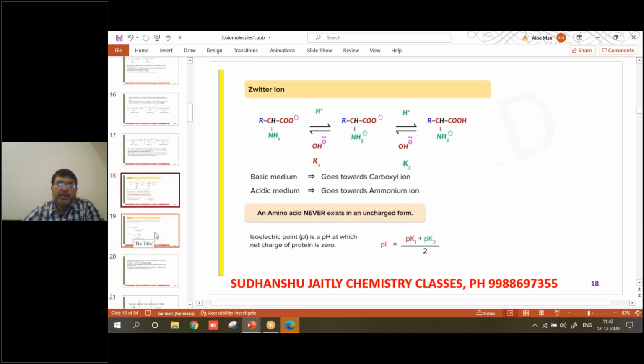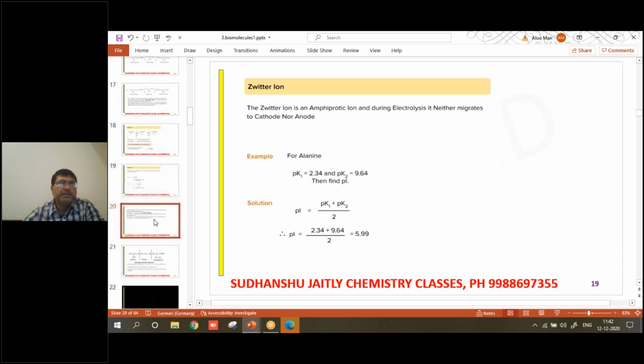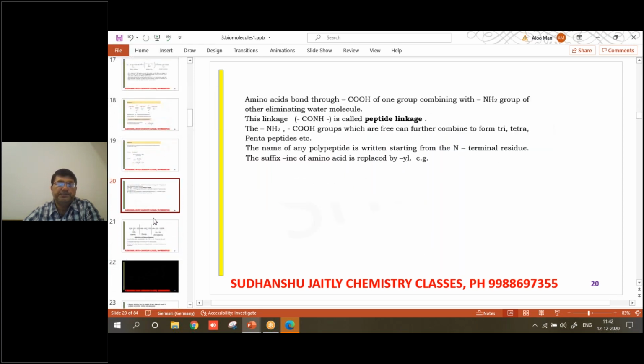The isoelectric point represented as pI is going to be sum of K1 and K2. That is whenever you are going to add acid and base in a Zwitter ion. We did few examples based upon that also.